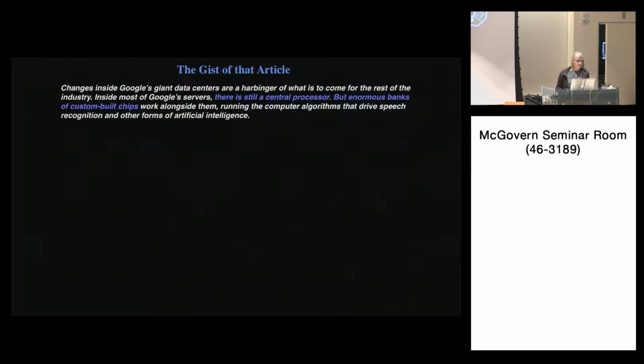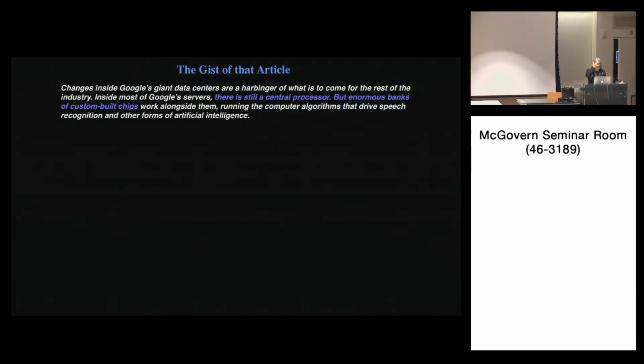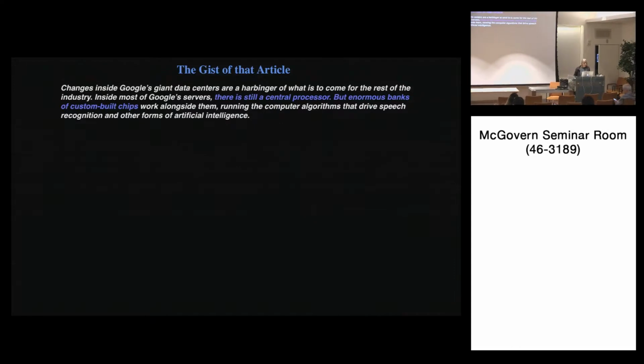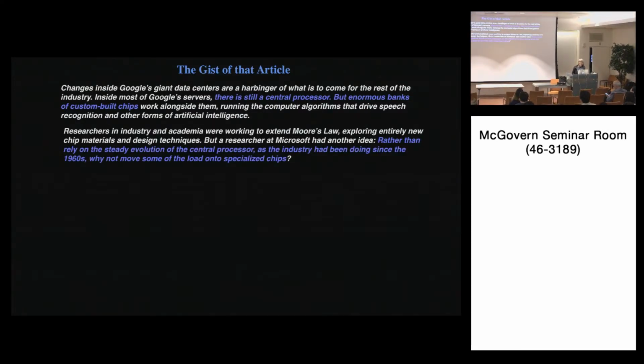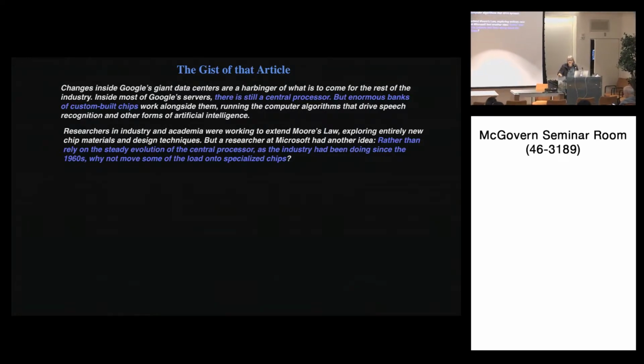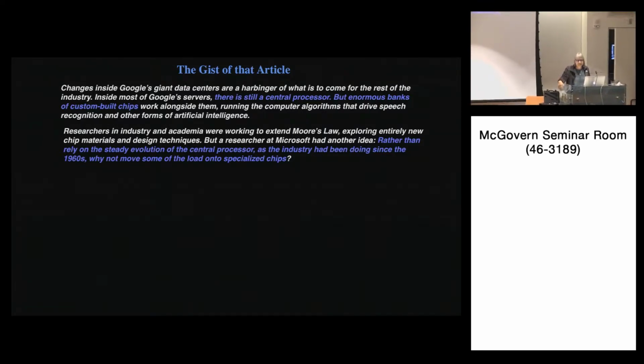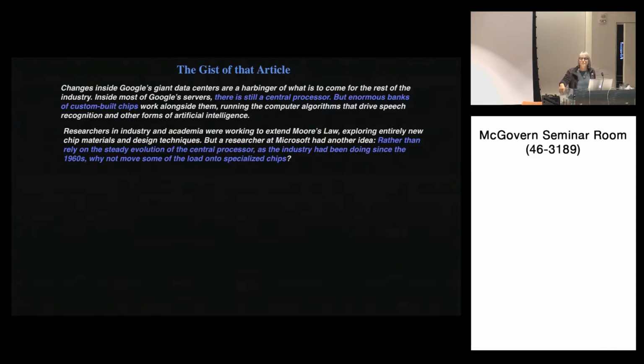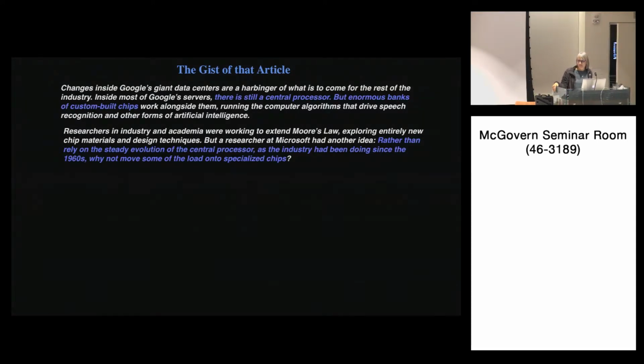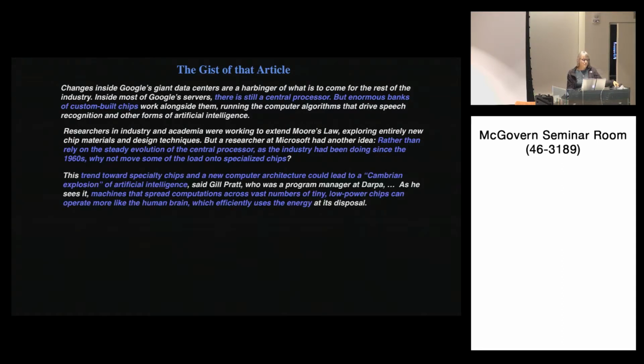So this article makes a whole bunch of claims, but the basic idea is that computer science is undergoing a revolution very recently, whereby instead of making more and more powerful CPUs, which has been the main way to advance the field for decades, that's plateauing. Instead, people are making additional special purpose chips that work in concert with those general purpose machines.